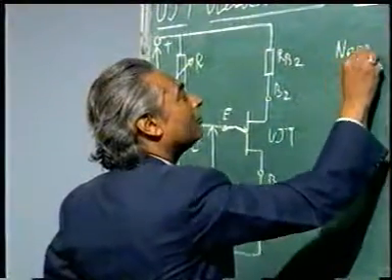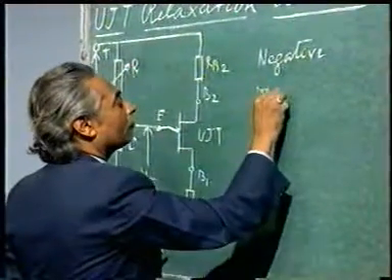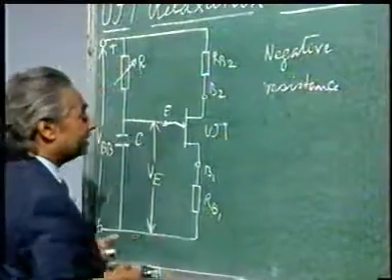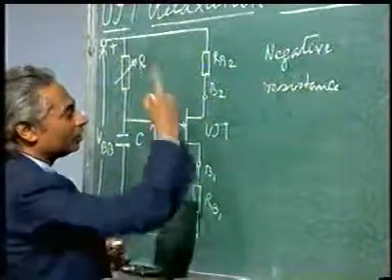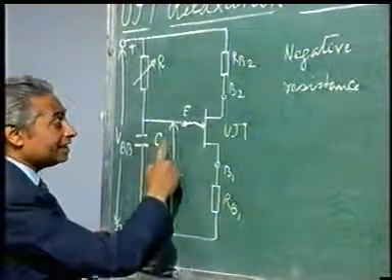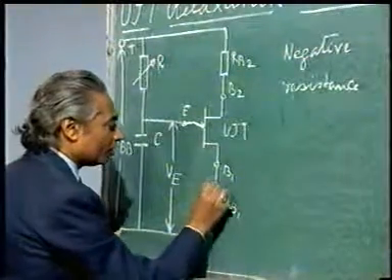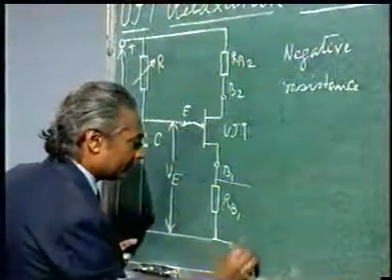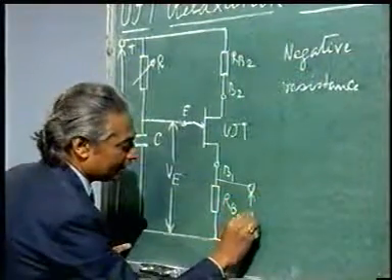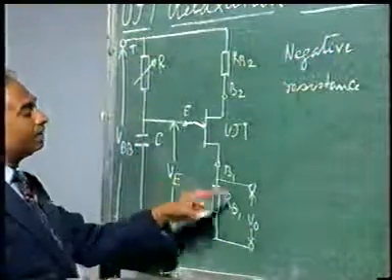Negative resistance means the voltage will droop and the current will increase, and the conduction is towards B1. So we can have an output which will be available across RB1. Here we will have the output, say VO is the output.